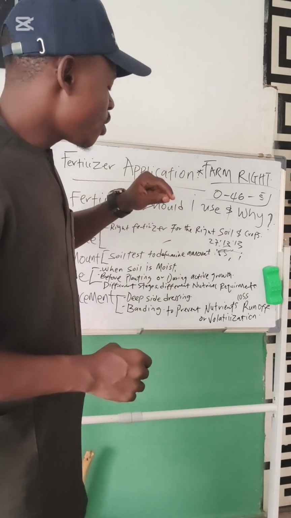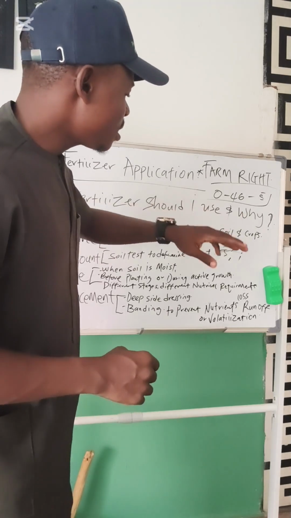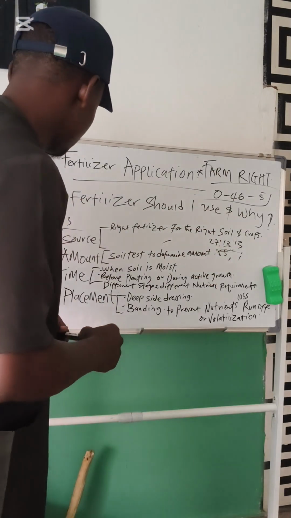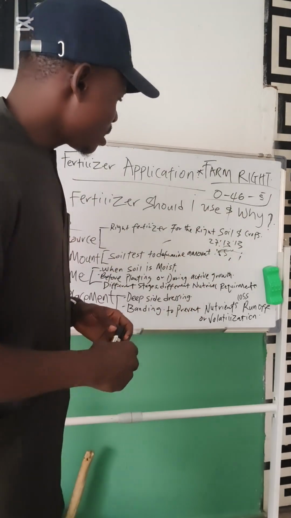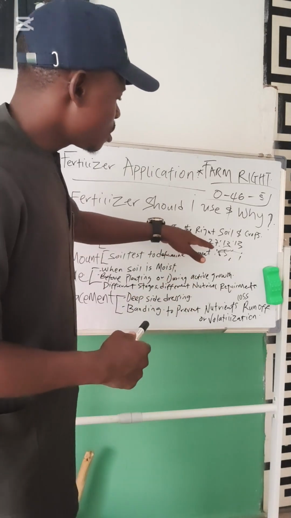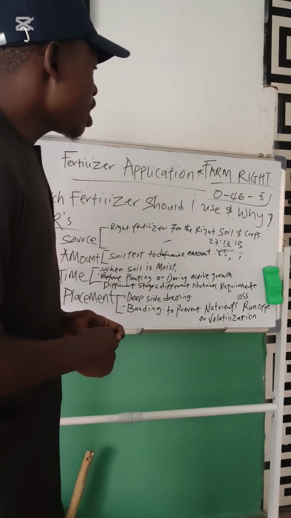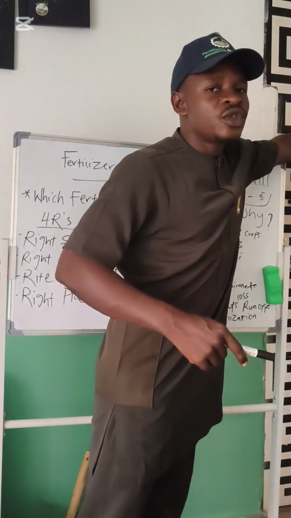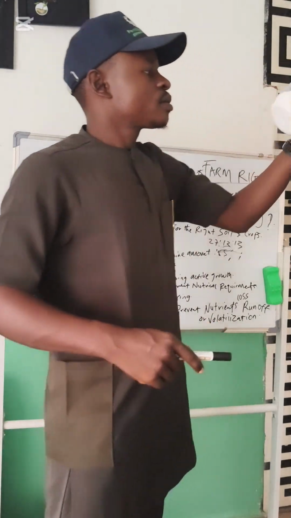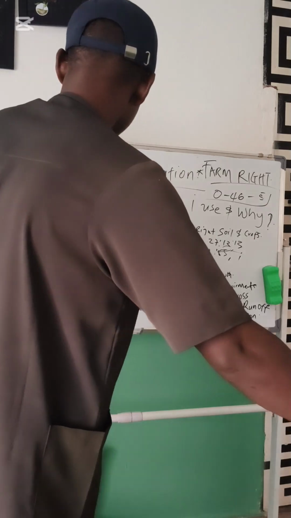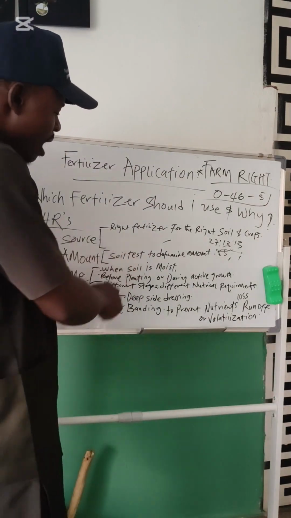For grasses like rice, maize, and other grasses and vegetables, NPK fertilizers are best. You know, NPK, nitrogen is there, urea fertilizer is there. So, the right amount.